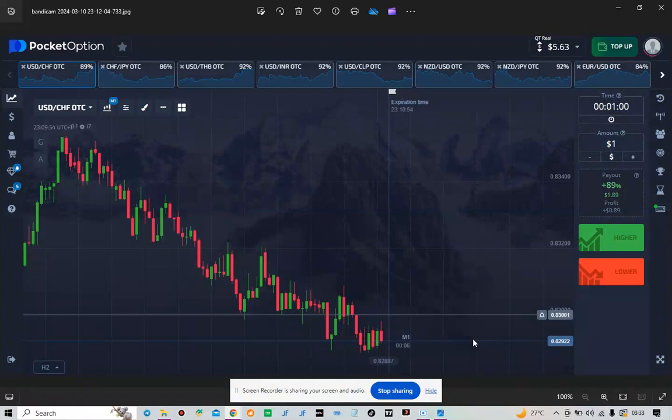This is not a martingale system. This is a fixed trading amount system. That means every trade you take $1, and there's no double entry, no multiple entry. If you lose, accept the loss and wait for the next trade opportunity.